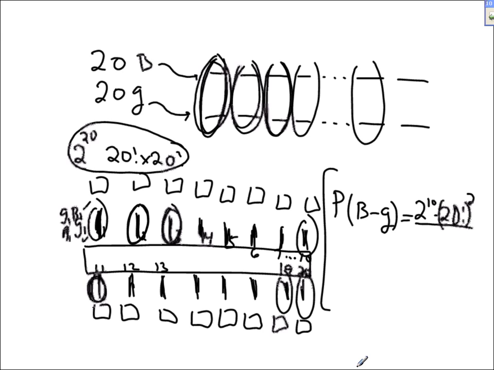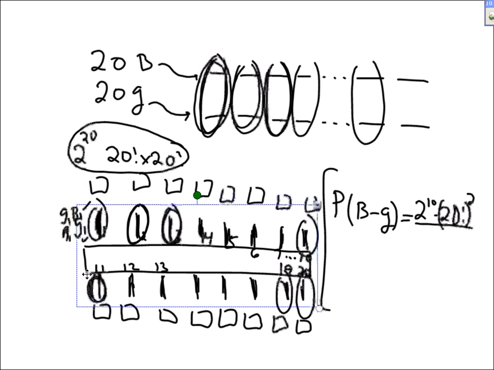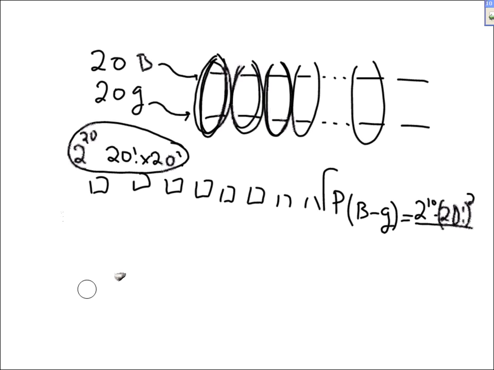Now, in the bottom, we have to put the total number of ways of arranging the 40 children. How many different ways can you arrange them?